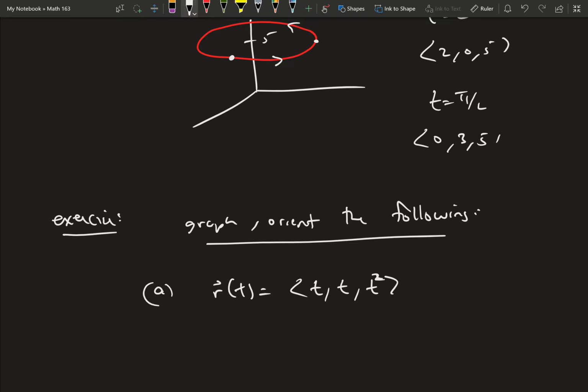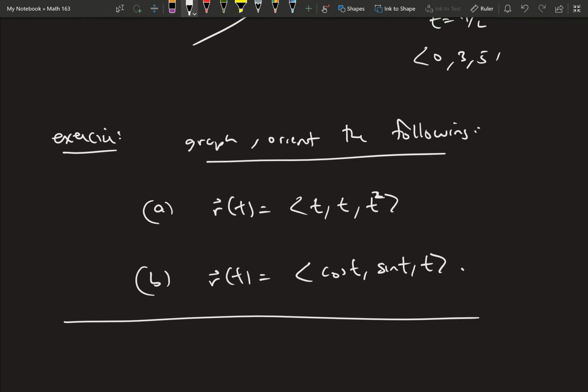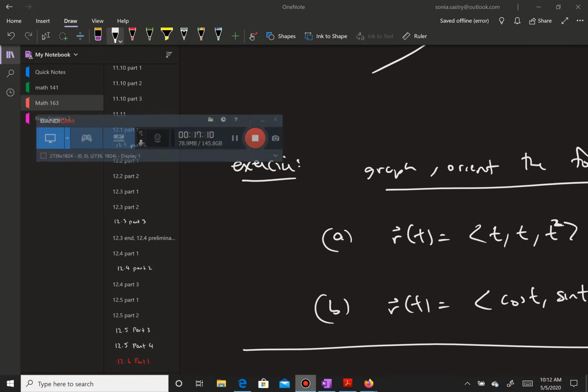Do the best you can with these. B would be r of t equals cosine t, sine t, and t. Okay, so we'll stop here for now, and we'll continue with those exercises in the beginning of the next video.